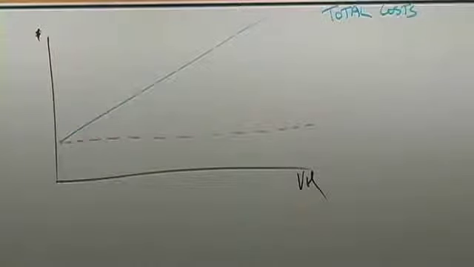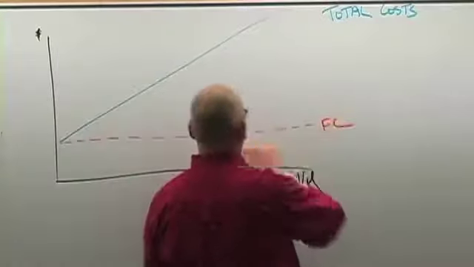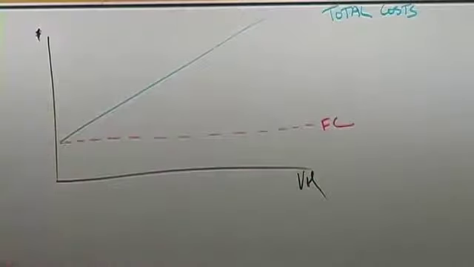Tyson, can you name one or both? Variable and fixed. Here we have fixed costs, and fixed costs plus variable costs give us total cost. How fun. Right, Evan? He was just yawning.